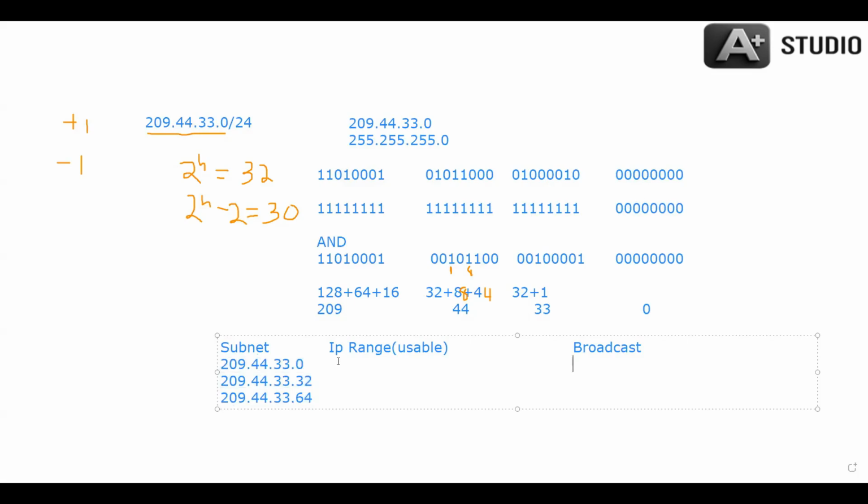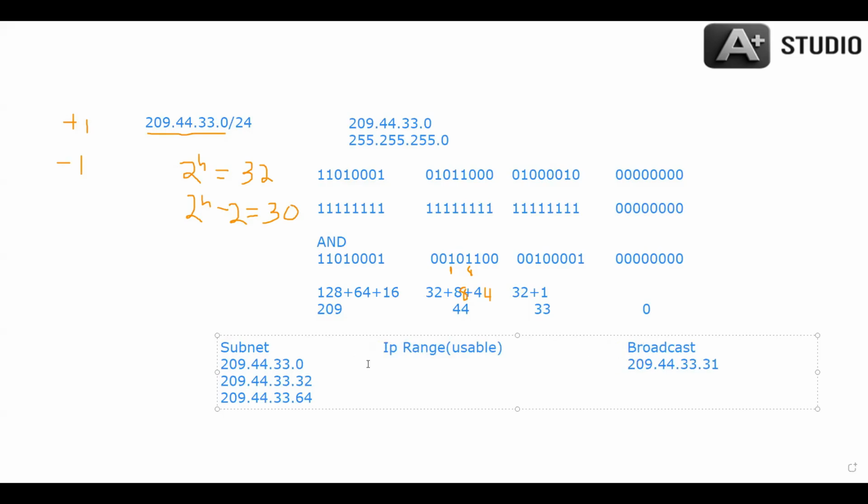So see this. Here becomes 209, minus 1 from here, making this one 31. So we can get our IP range also from here.